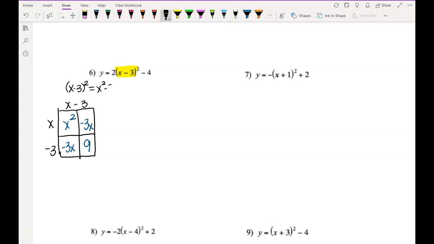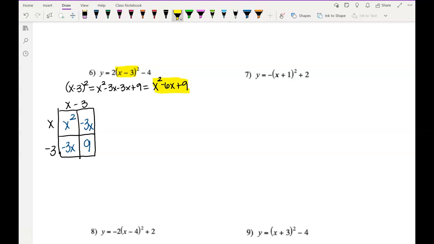So this is x squared minus 3x minus 3x plus 9, which gives us x squared minus 6x plus 9.